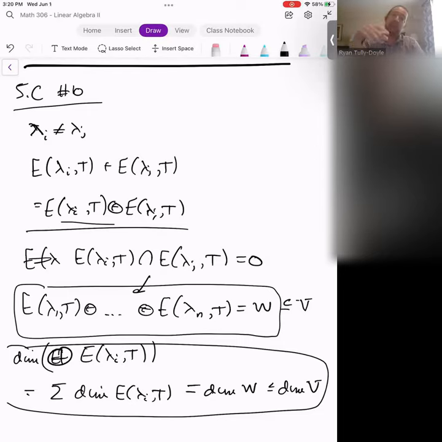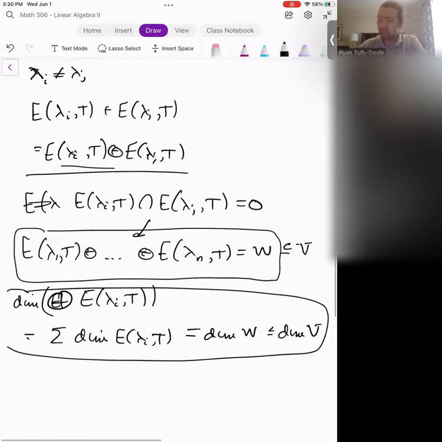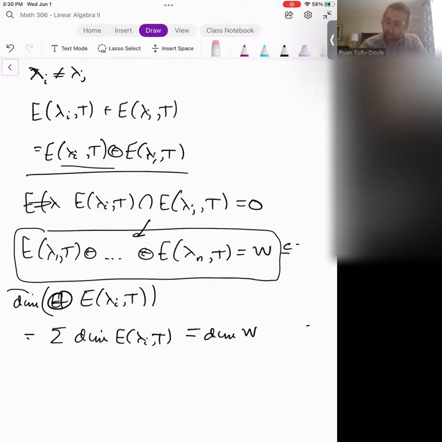Yeah, so the part that you're doing here, sorry, I completely missed the fact that this was a range of T argument. That's completely on me. I'm sorry, Lindsay. Right. So the idea is that all of the eigenvectors themselves, or linear multiples of the eigenvectors, live in the range of T, right? So the range of T contains these eigenspaces.